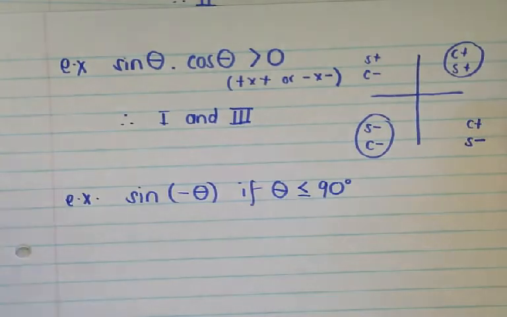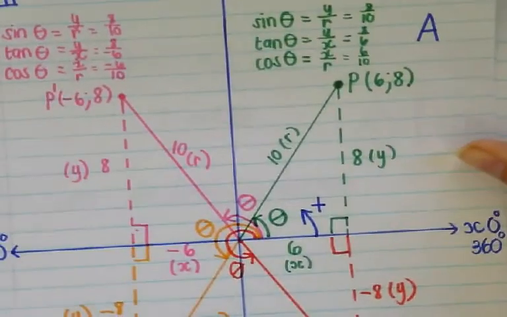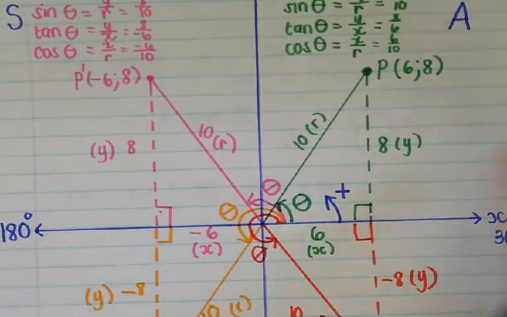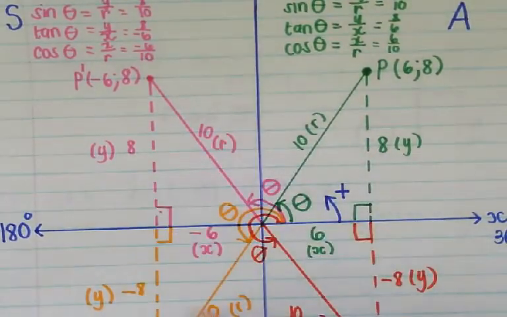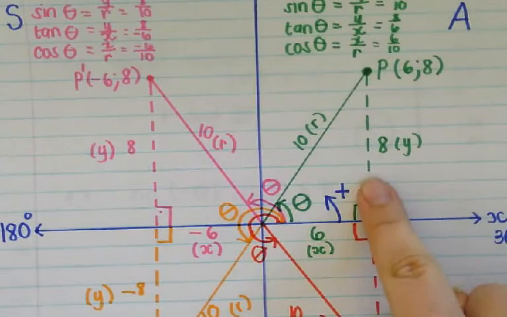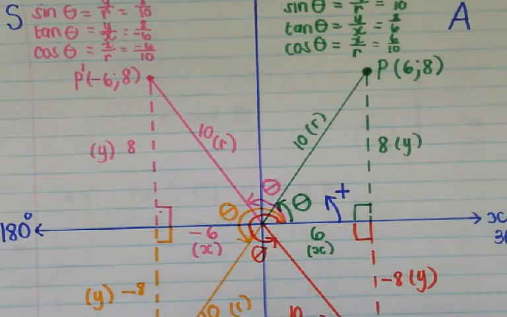I'm going to go back to my Cartesian plane. If everything I measured anti-clockwise was positive, what would I be measuring if I went clockwise? So I'm changing my direction. Yes, it would be in quadrant 4, but that was the answer to the question on the paper.